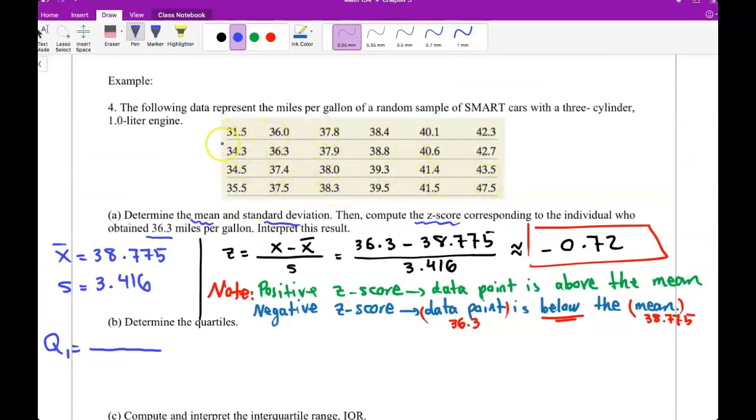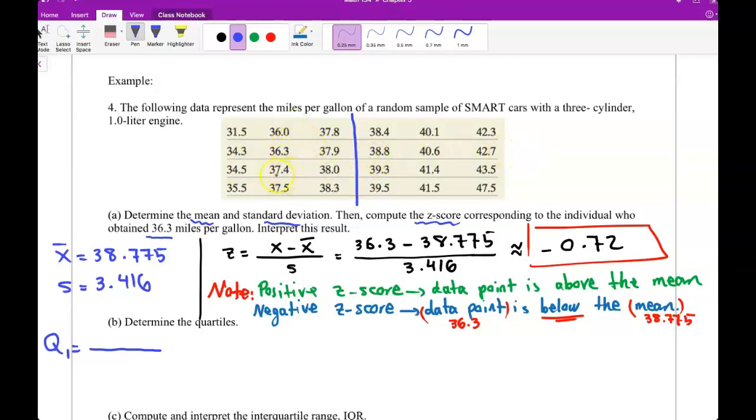So these are in order. I'm starting from here, then 35.5, 36, then we have 37.5, 37.8, now we have 38.3, so all these are in order. This way, this is the first half, and this is the second half.